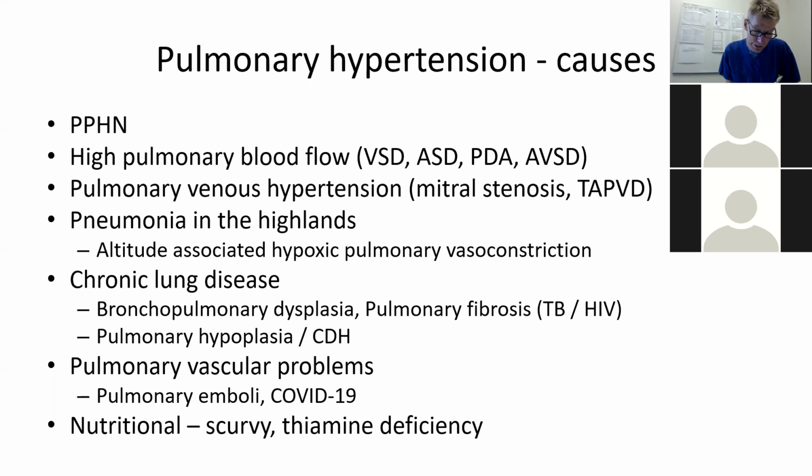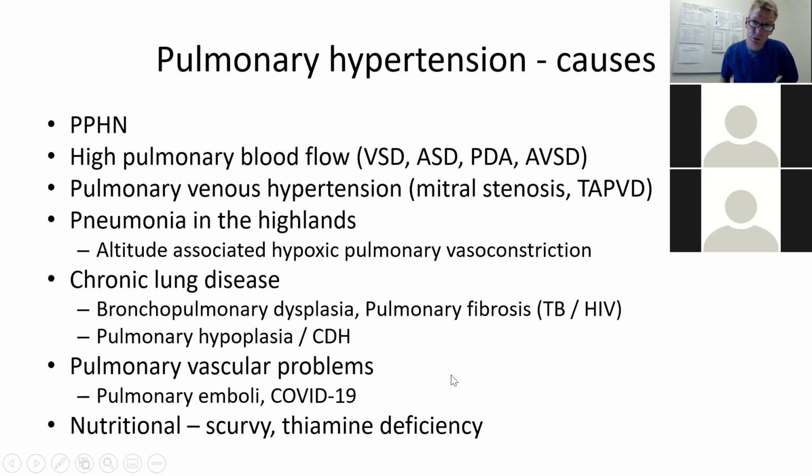And so babies that are born with chronic lung disease, or develop chronic lung disease in the newborn period, or if they've got fibrotic lung disease, say from TB or HIV, then they can develop pulmonary hypertension. Or if they've got pulmonary hypoplasia, if they're born with lungs that are too small, then they can have chronic lung disease and pulmonary hypertension.